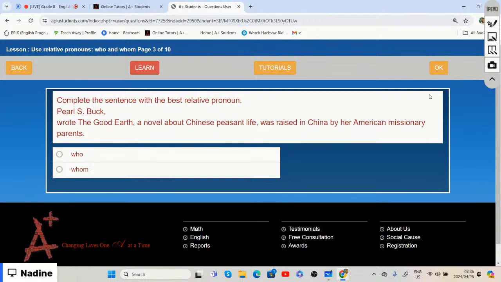All right, if we look at this one, it says Pearl S. Buck. Do we say Pearl Buck who or Pearl Buck whom wrote The Good Earth, a novel about Chinese peasant life, was raised in China by her American missionary parents. Do we say who or whom?